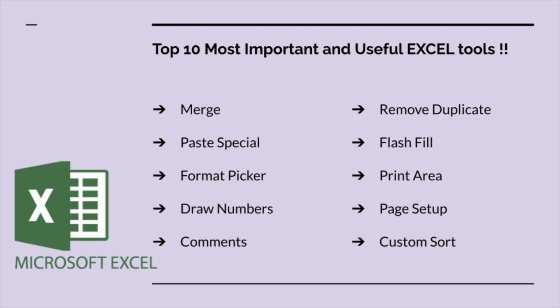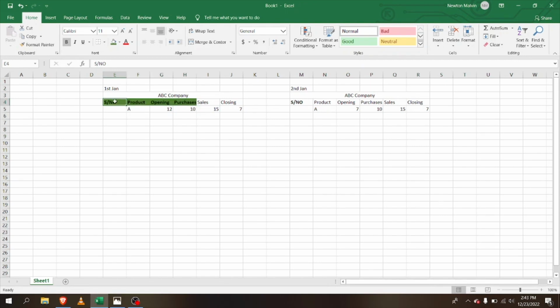Now next is draw numbers. If I go to the Excel sheet and select only this cell and write one, I can write one, two, and just go on, one, two, three, four. But if I select this whole thing like this, it shows one only, right?